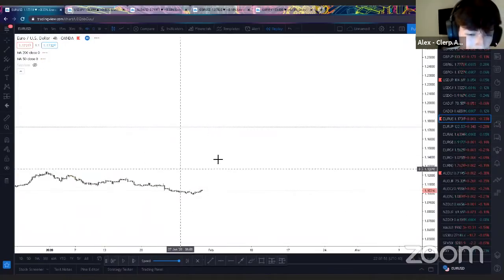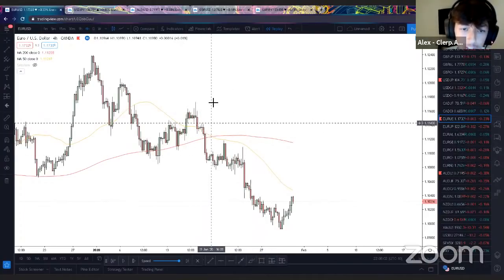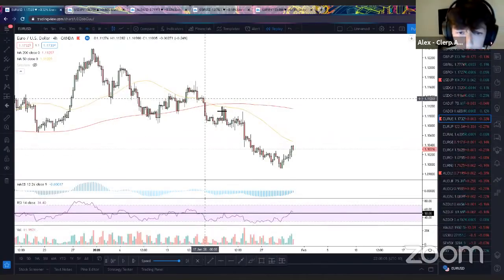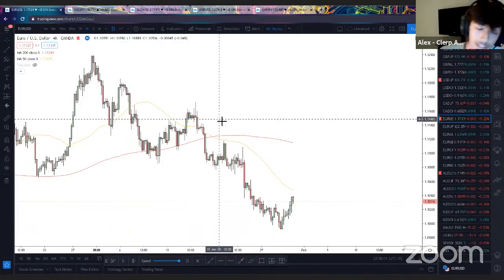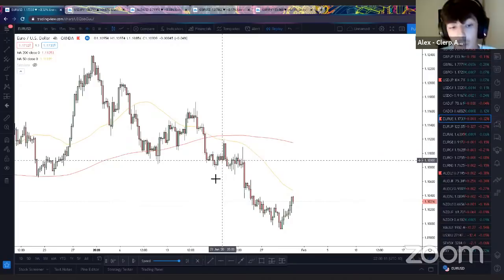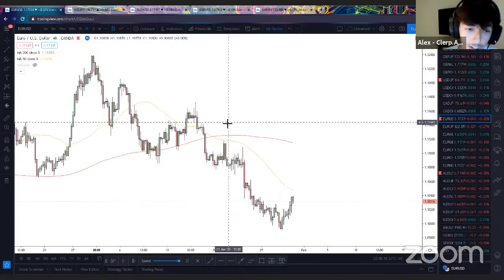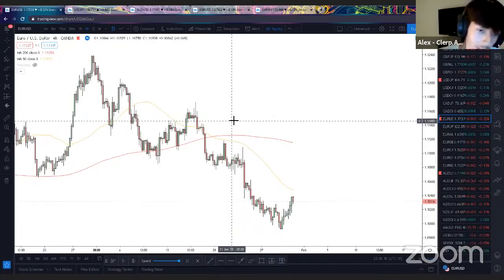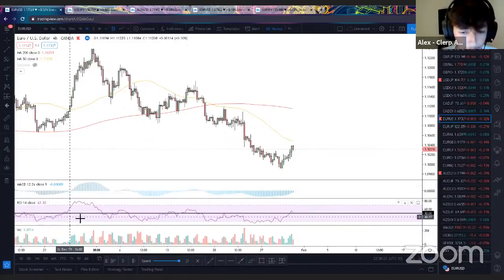Okay, I'm gonna go on the 4 hour actually, because that's way easier. So we did have a crossover here, and when I see the 50 cross over the 200 downwards, that's how I confirm a downtrend, and vice versa, when the 50 crosses the 200 upwards, I consider that an uptrend. And how I confirm that is using the MACD and RSI.